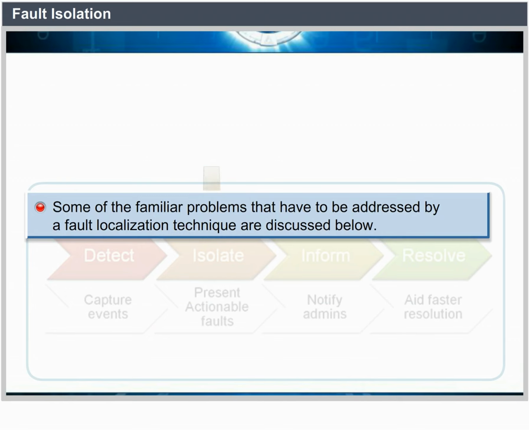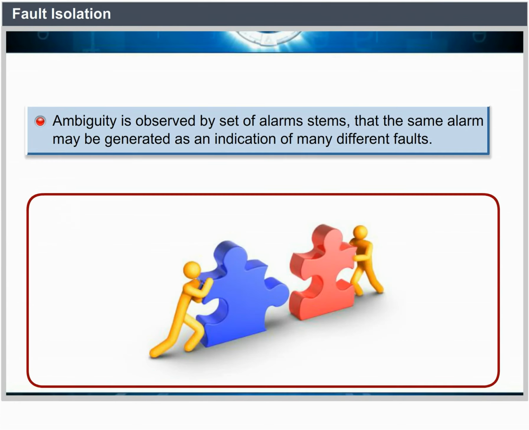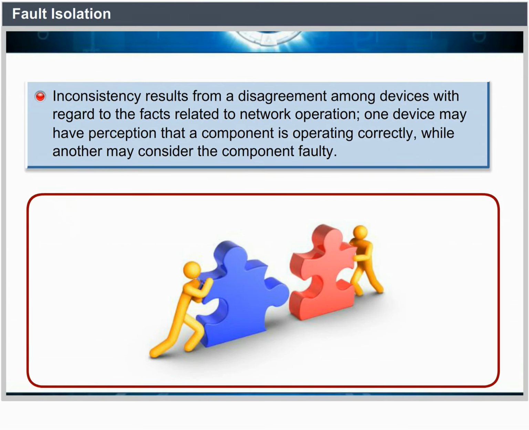Fault evidence may be ambiguous, inconsistent, and incomplete. Ambiguity is observed when the same alarm may be generated as an indication of many different faults. Inconsistency results from a disagreement among devices with regard to the facts related to network operation. One device may have perception that a component is operating correctly, while another may consider the component faulty.